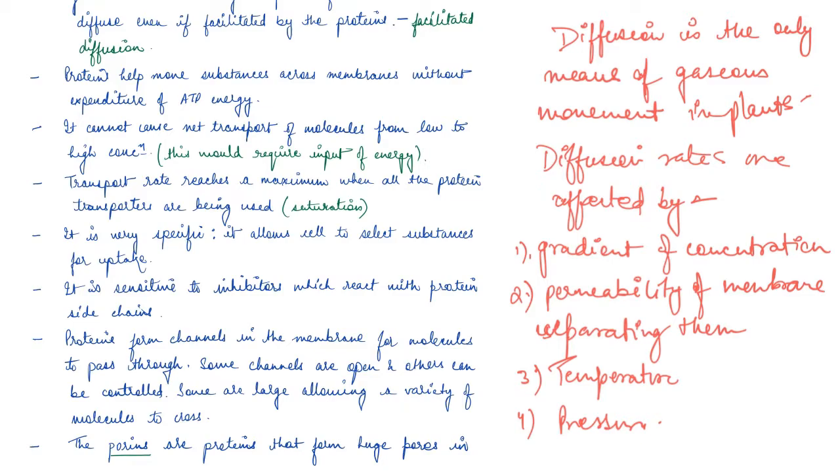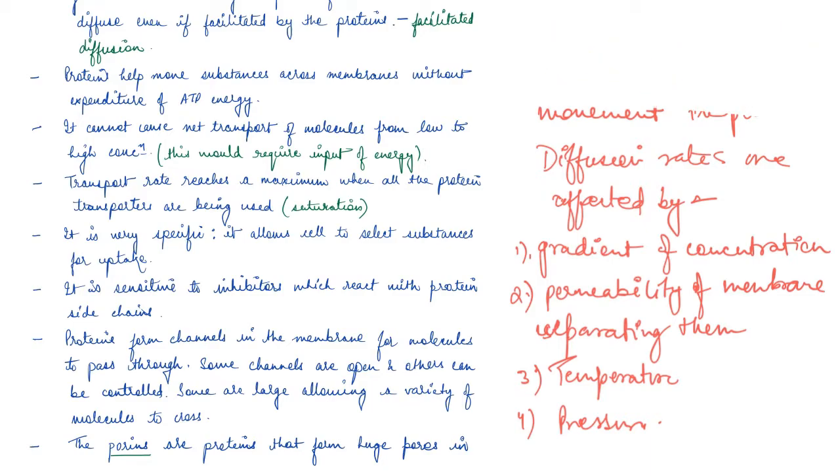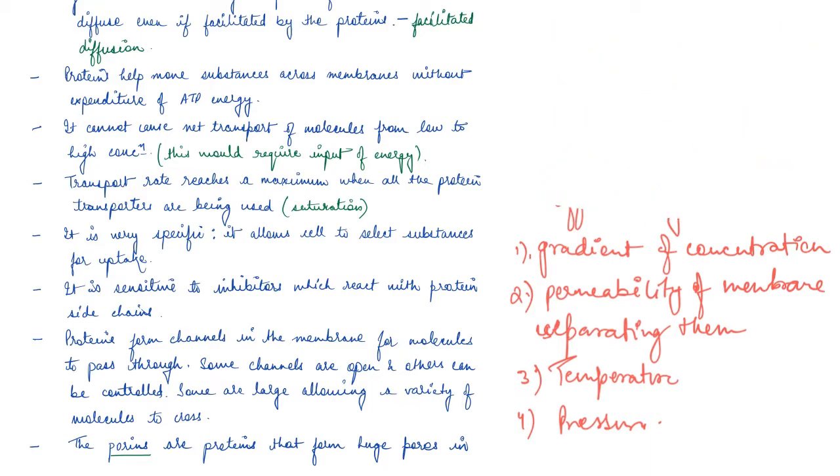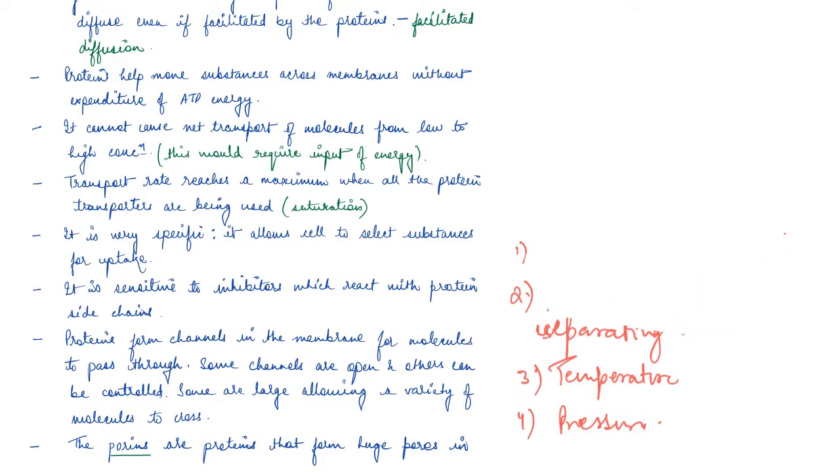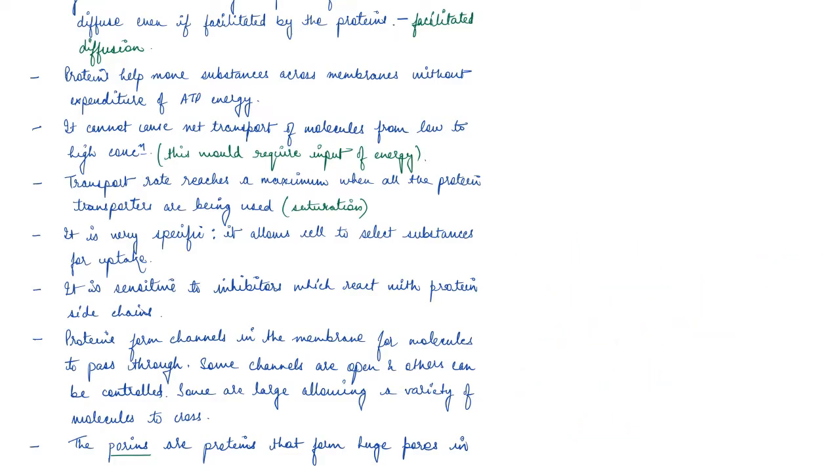Now, this facilitated diffusion is very specific. Remember that this facilitated diffusion is very specific. So it allows the cell to select substances that they want to uptake, right?